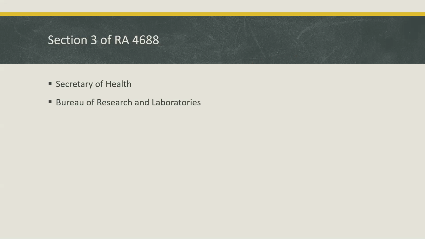Take note, guys, that these two persons, the Secretary of Health and the Director of the Bureau of Research and Laboratories, shall be in charge with full responsibility of strictly enforcing the law. And what is the law? 4688. And the other administrative orders pertaining to the operation of clinical laboratories.